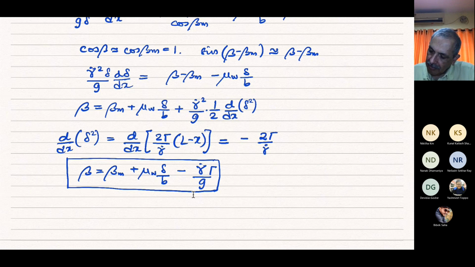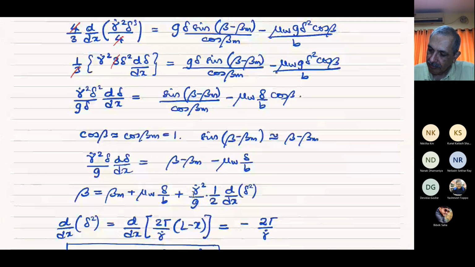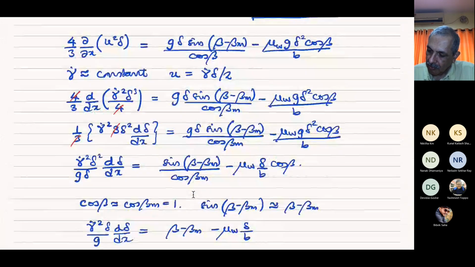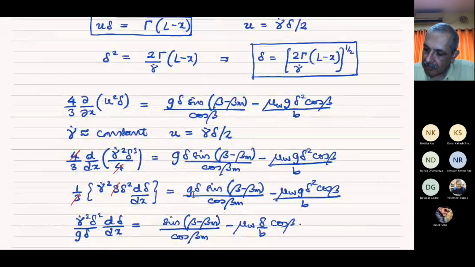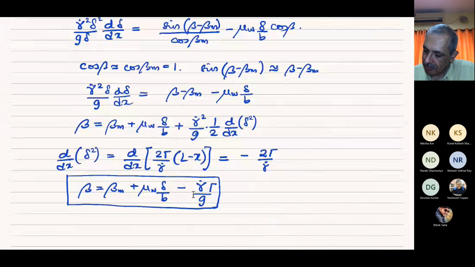By doing all this, we have got 2 results. One which we can check easily, that is delta is just equal to this, and the second one is beta is equal to this. So how does the layer thickness change with distance?